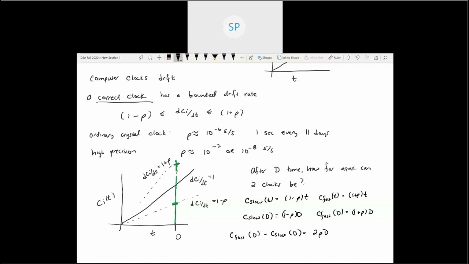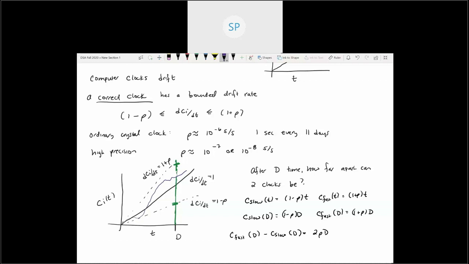Okay, so clock drift can fluctuate, right? It's not a rule that you have a fixed rho. It's saying that you're going to fall in this range, and so a real clock could be slow for a little while, then fast for a little while, and we don't really know where it's going to be.